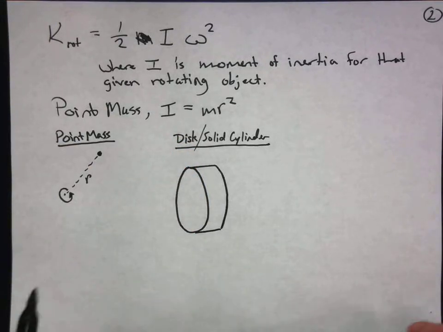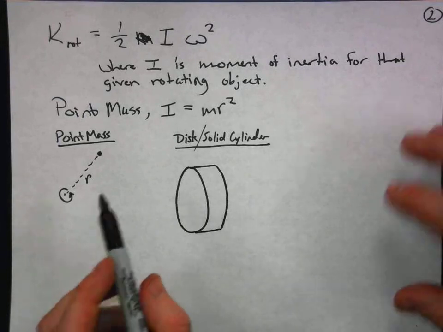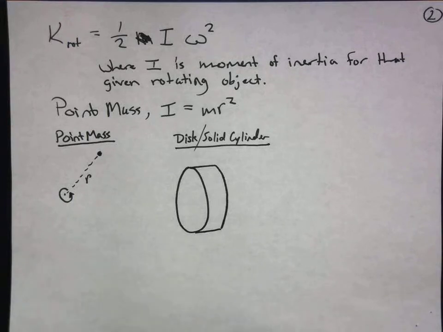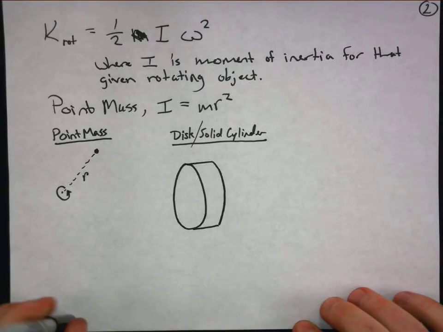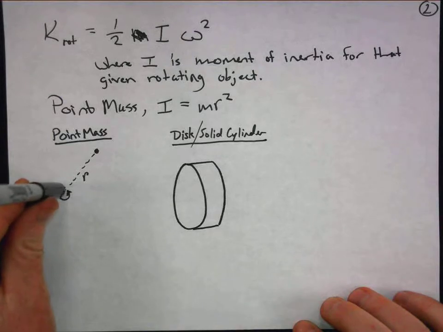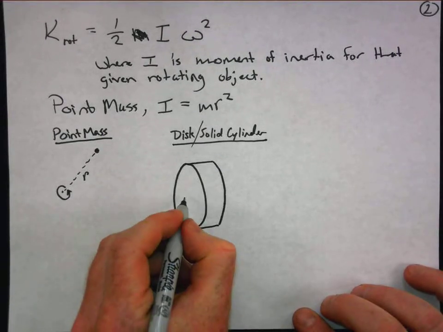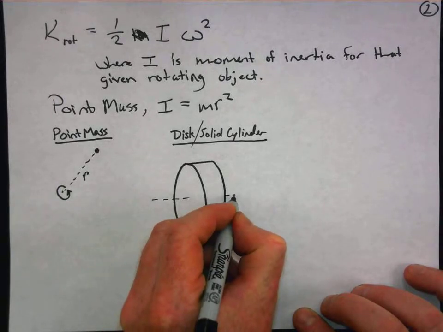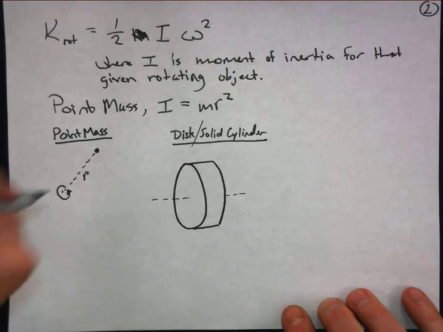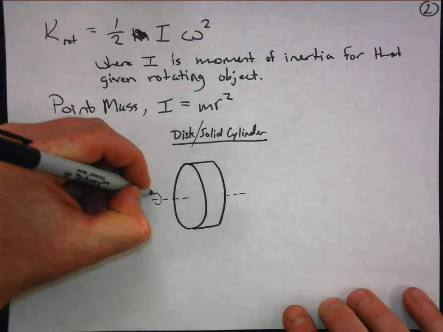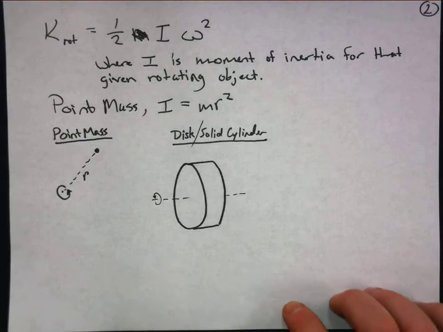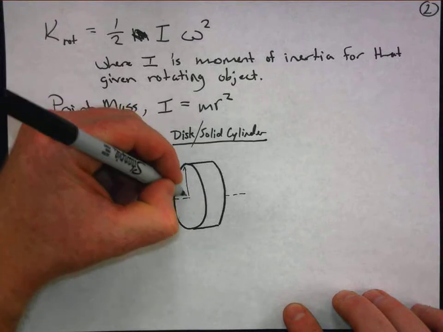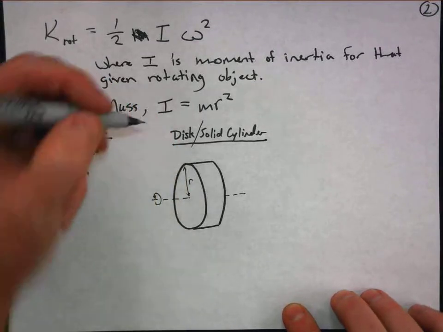Hey, not too bad, right? And a little bit of extra detail here. So we saw the rotation here with the point mass, and essentially the axis of rotation is coming out of the page toward you. Here the axis of rotation is basically through the center of the disk, right? And so rotation happening like that. And there's also a radius that we can identify. There's a radius right there.